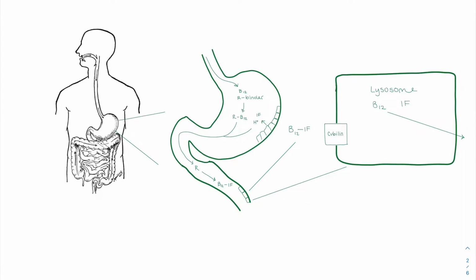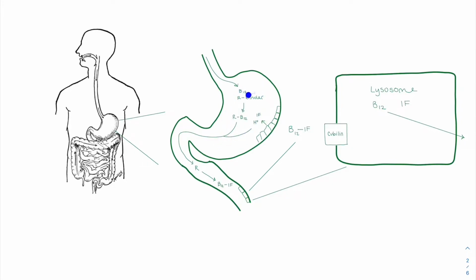It releases multiple, but I've just written two in here. Intrinsic factor, you may have heard of this before. It is important for B12, but the intrinsic factor cannot bind to B12 in the stomach because it is so acidic.